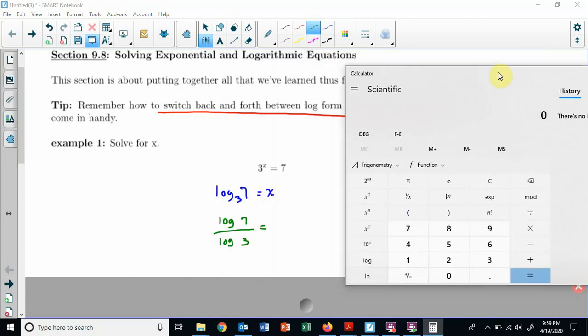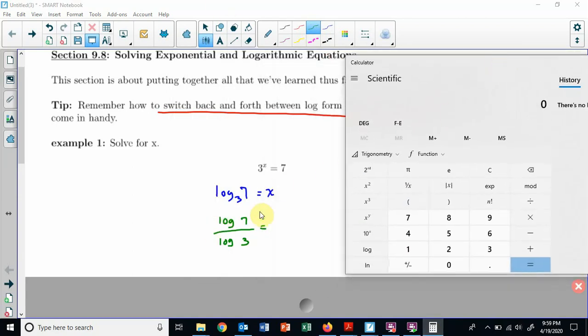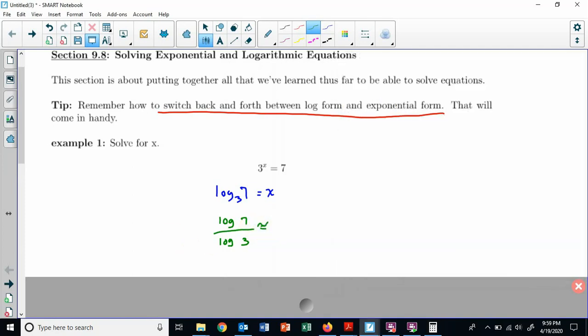Let's see, log 7, divided by 3 log, and then make sure you hit equals, there we go, 1.7712. So we're going to get the approximate value 1.7712. Okay? And so that's actually fairly easy to solve for that, right?